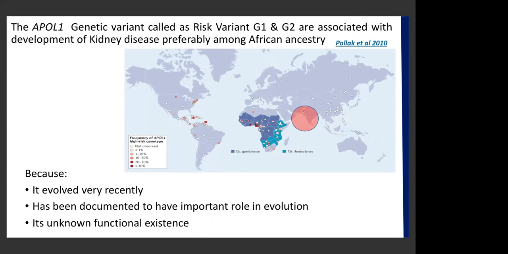But still, this protein is very interesting because it evolved very recently, around 30 million years ago, and it has been documented to have a very important role in the evolution of human beings. Many functions have been defined for this protein, but there are also many undefined functions which are being revealed slowly with new experiments.